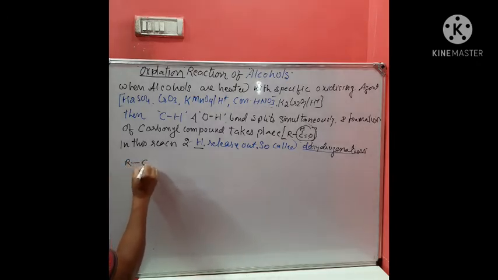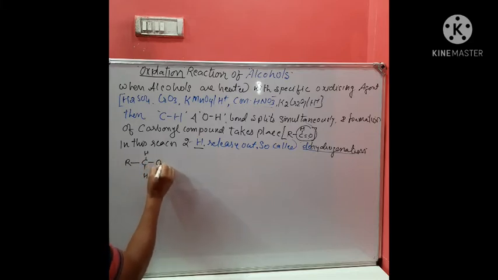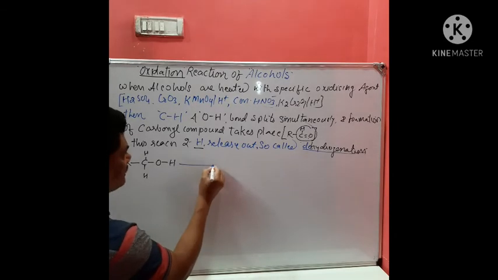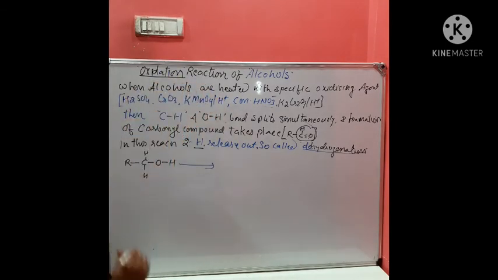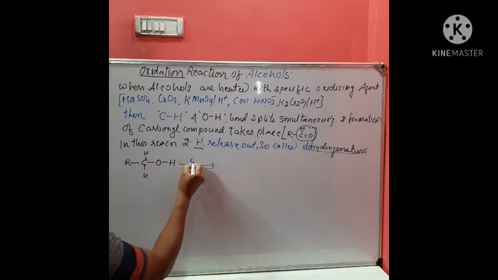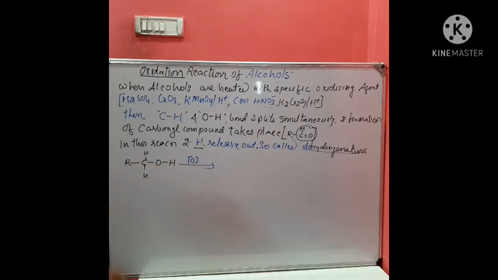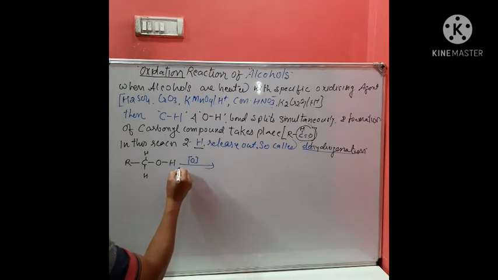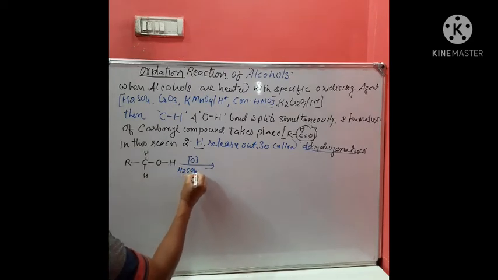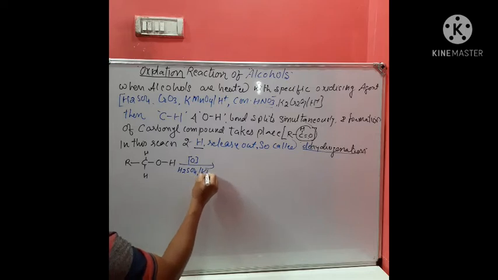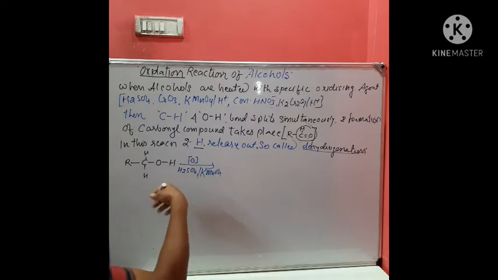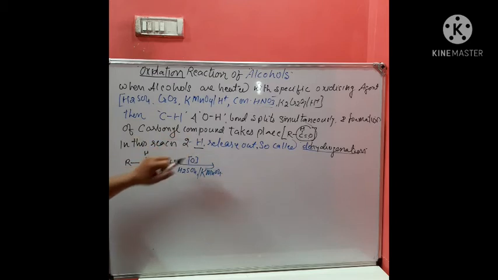Now this is RCH2, and this is O and this is H. When it is oxidized using a particular oxidizing agent, this oxidizing agent will provide oxygen. Like you use H2SO4 with potassium permanganate, or any other species.